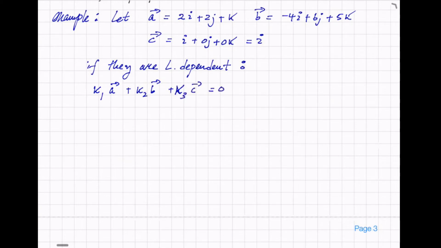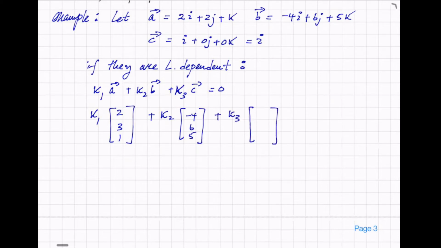This is the condition if they are linearly dependent, right? So in some books, in some text, they write k1 times (1, 2, 3) in matrix form, plus k2 times (minus 4, 6, 5), plus k3 times (1, 0, 0) is equal to 0. If they're linearly dependent, this should hold true.